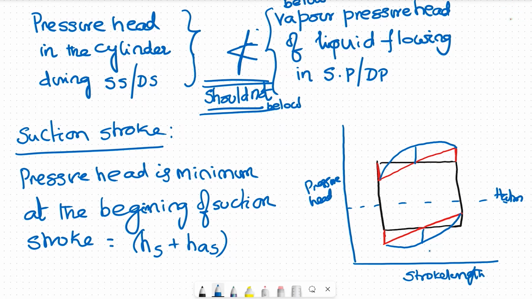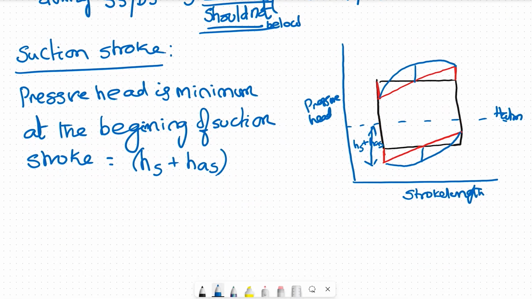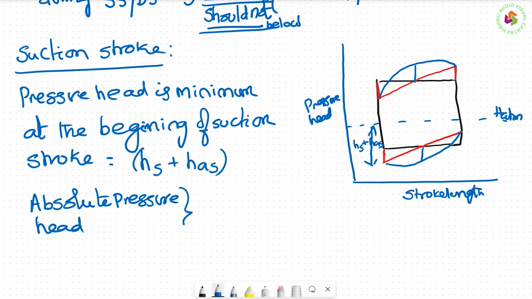So out of all, naturally Hs plus HAS is the minimum. Now, what is the absolute pressure head here? Because this pressure head is less than atmospheric pressure, the absolute pressure head is equal to H atmosphere minus (Hs plus HAS).